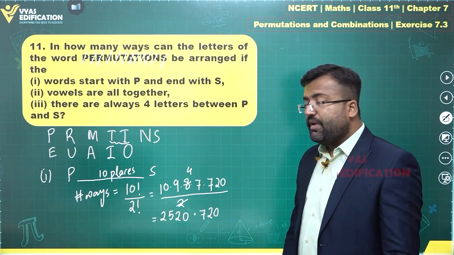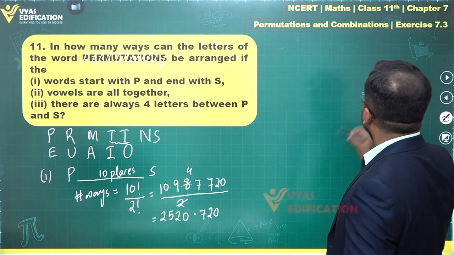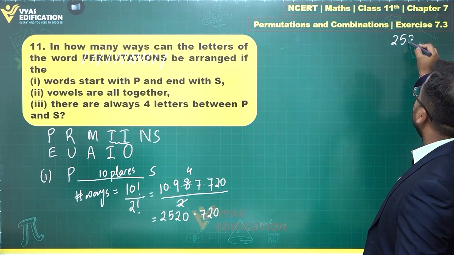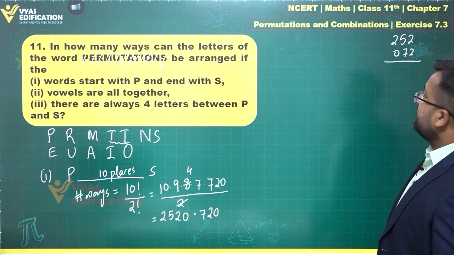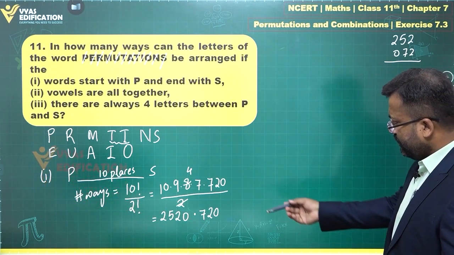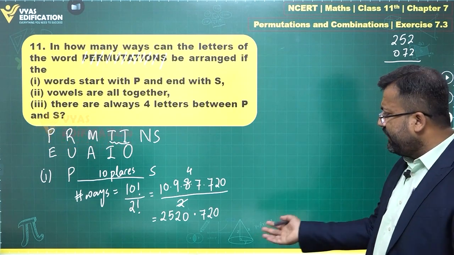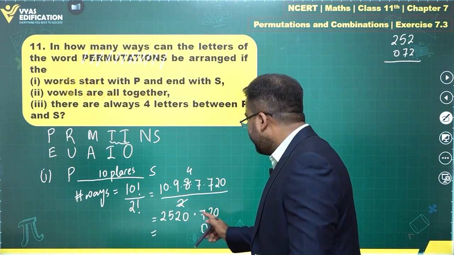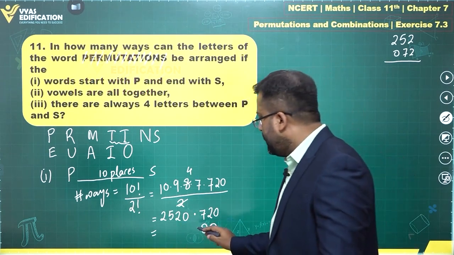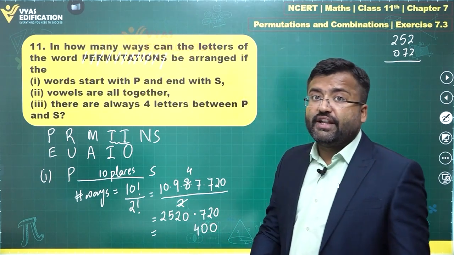So 252 multiplied with 72, that's what we are supposed to do, and let's do that product over here. 252 times 72, let's multiply them together. We can do it over here only, right? 72 is an easy number, 252 is also easy. So we have 2 zeros at the end. 72 times 2 is 144. There's a 4, you carry forward a 14.